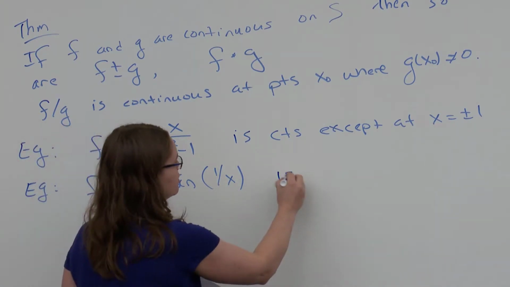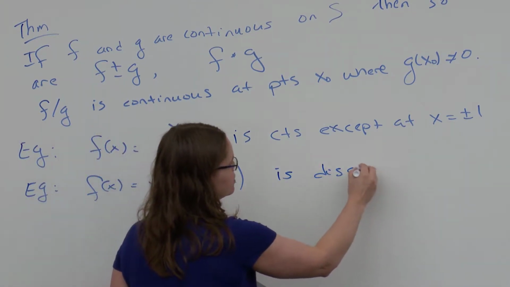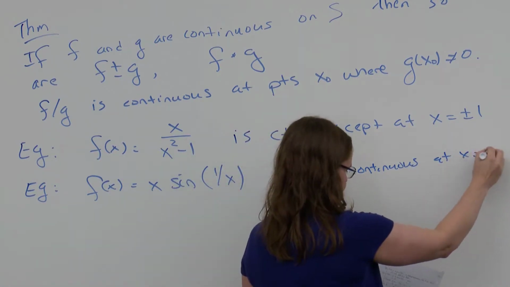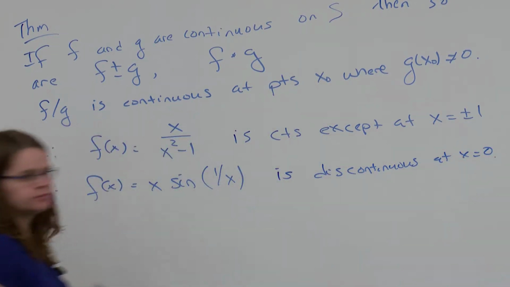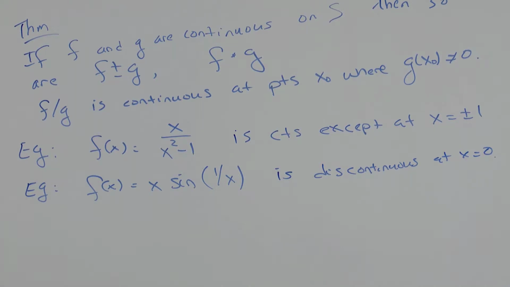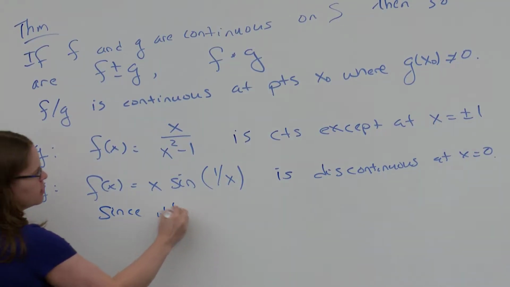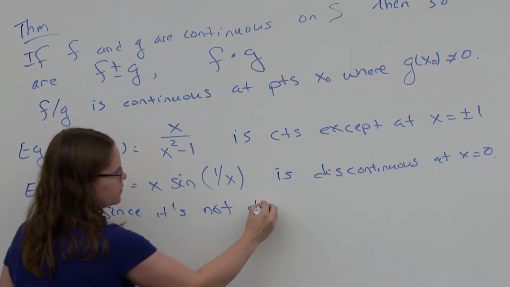So this is discontinuous at x equals 0, for the simple reason that it's not defined at x equals 0, and that's all you need to check. Continuity requires the limit and the value, and they had better be equal to each other. Here we don't even have a value, so we're done, since it's not defined there.